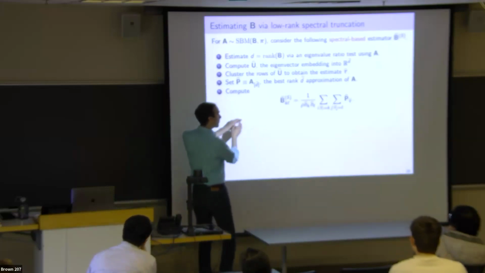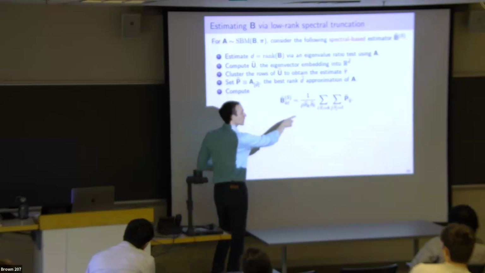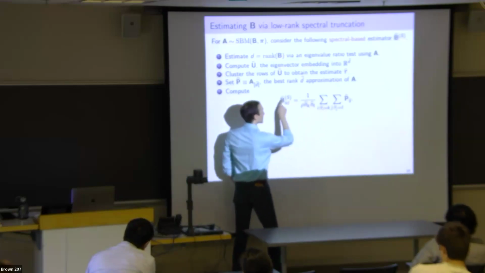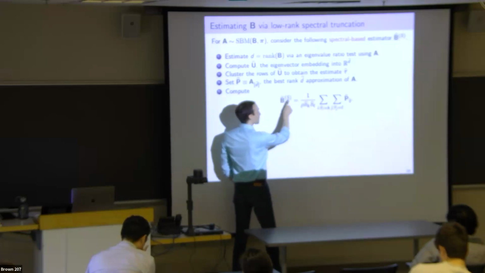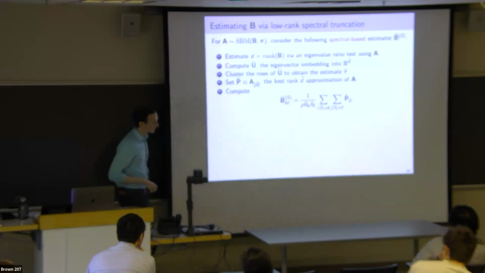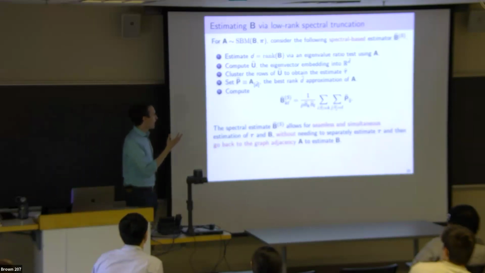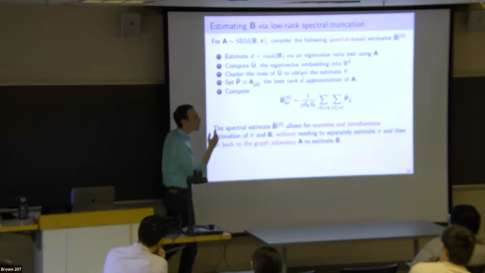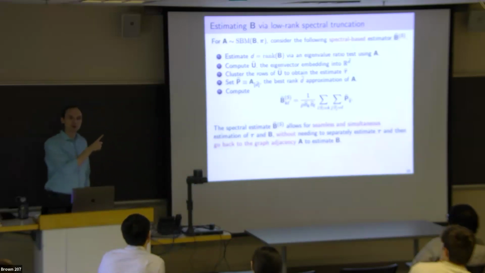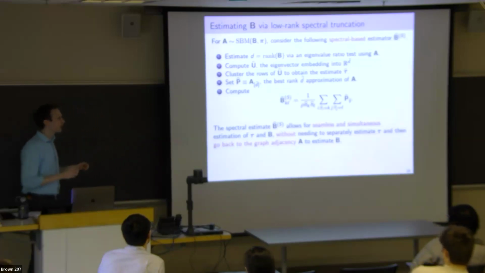Its low rank truncation, if we were to reorder it, has block structure, and we're just averaging over the block structure. And that gives us an estimator, a spectral estimator for the kl-th entry of B. This is nice. This allows us to start with A, take a truncated eigendecomposition, but we never actually have to go back to the original graph. We never have to go back and see, was there actually an edge between node i and j?